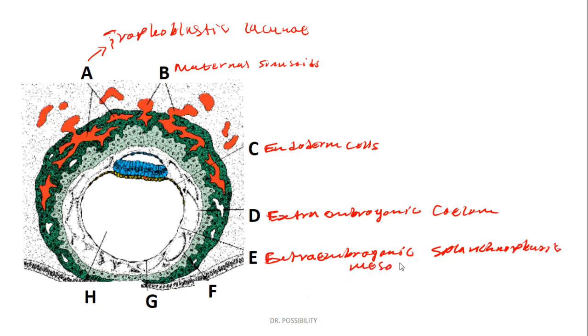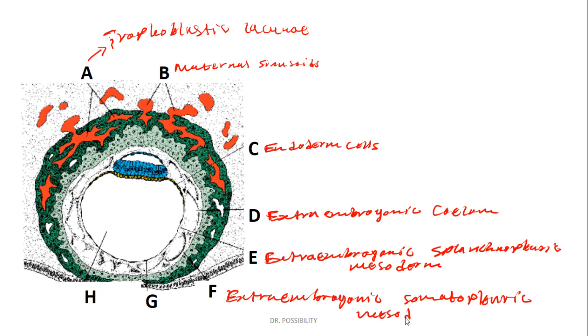Okay, so that's the part which is labeled with E. Then the part which is labeled with F is the somatopleural. So you have the extra embryonic somatopleural mesoderm, which is another type of layer coming from the intra-embryonic mesoderm.